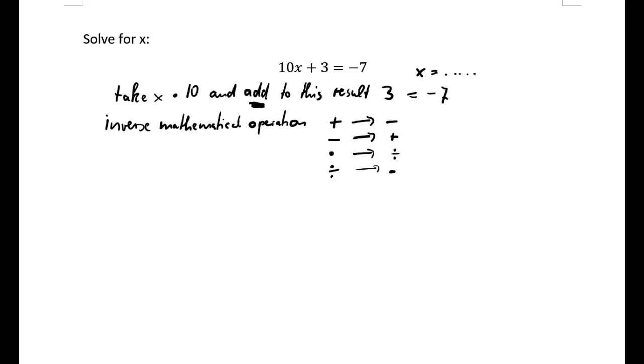So what we start off with is we need to get rid of this 3 here. So we've got 10x plus 3 equals -7. And in order to get rid of this 3, we do the inverse mathematical operation of this plus, which would be a -3 to both sides. So we've got 10x plus 3 minus 3.